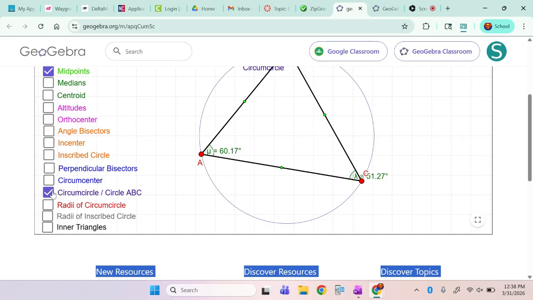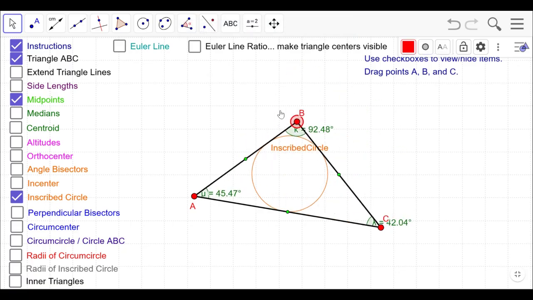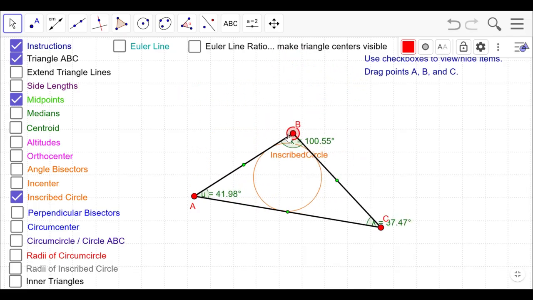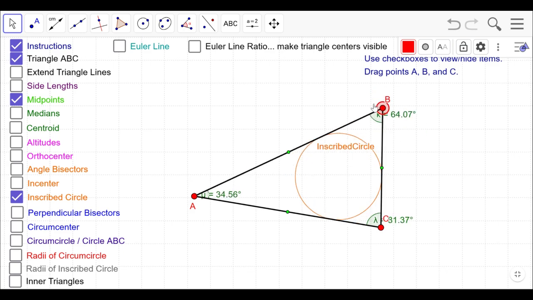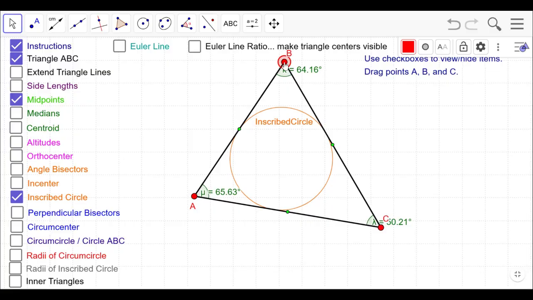Now the inscribed circle. We're going to click off circumcircle and click inscribed. What's true about the inscribed circle? So it doesn't necessarily go through the midpoints, but isn't it kind of contained inside of the triangle?